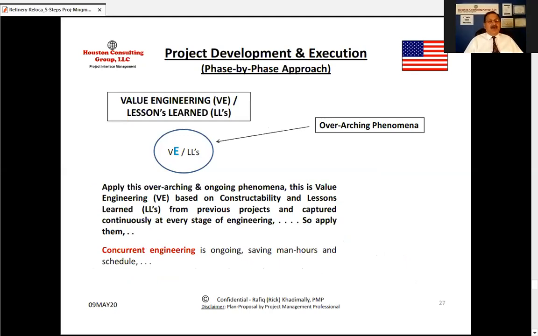Apply this overarching and ongoing phenomenon. This is value engineering based on constructability and lessons learned from previous projects and captured continuously at every stage of engineering. So apply them. And again, here, concurrent engineering is ongoing, saving man hours and schedule.